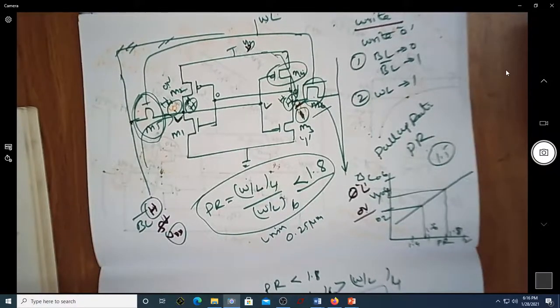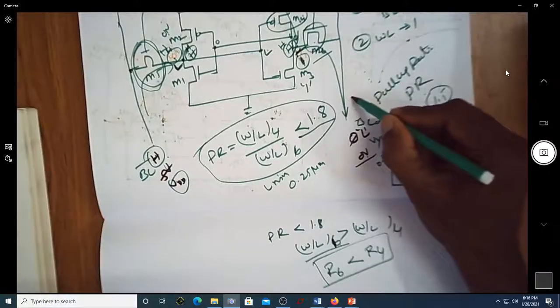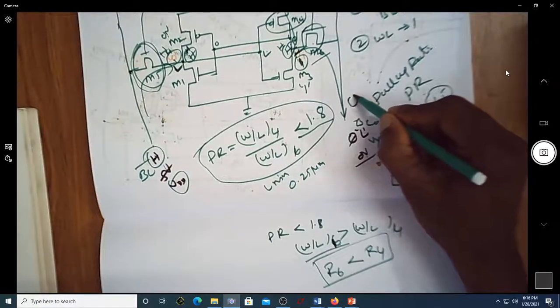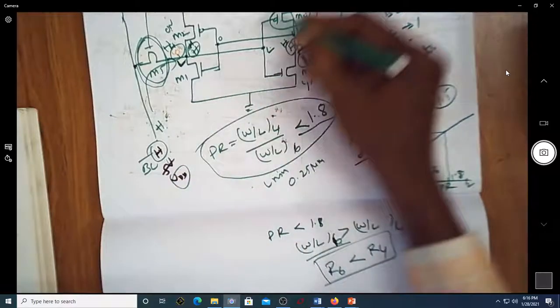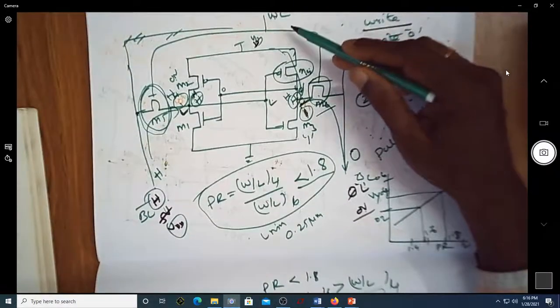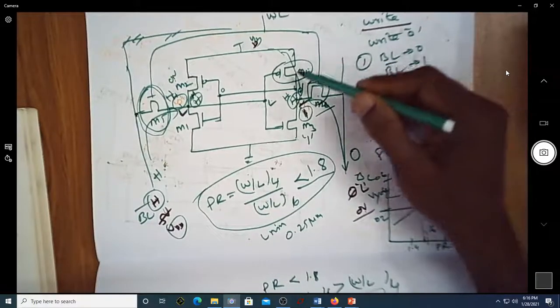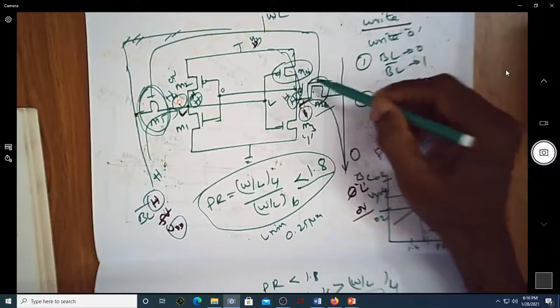If you are matching this condition, of course, as long as this is low and this is high, if you make this word line equal to 1, then you have M6 transistor as well as M4 transistor, both on.